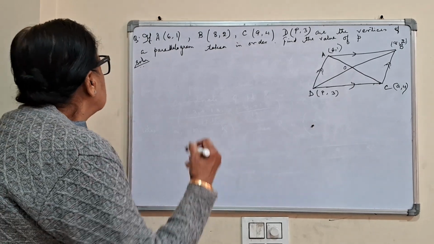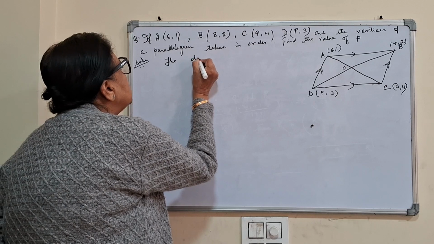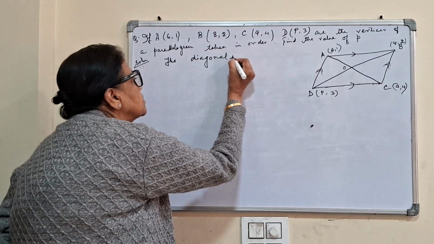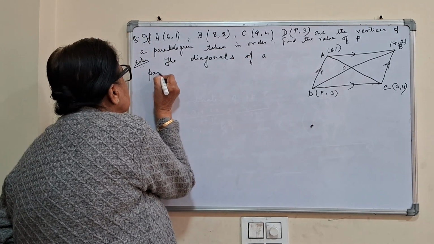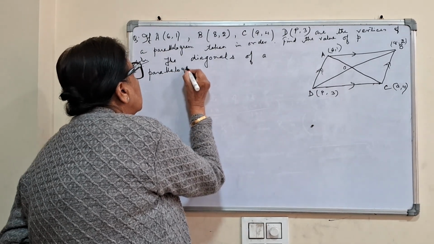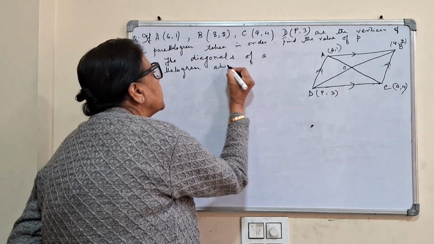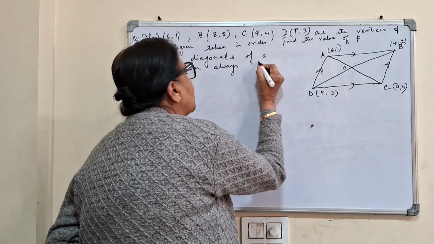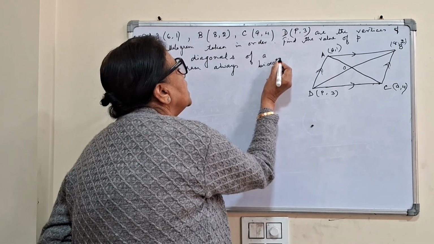So I write: the diagonals of a parallelogram always bisect each other.